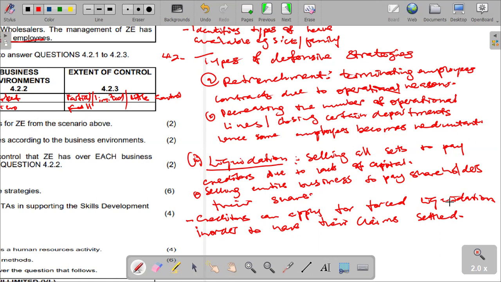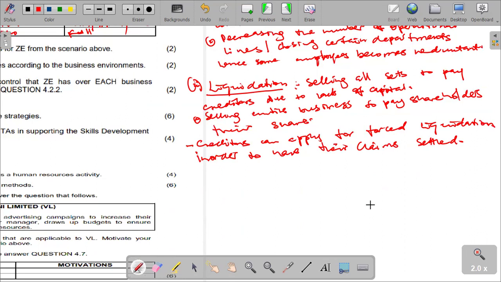Of course, we also have another type of defensive strategy, which is divestment, which can be number 3. But the question wanted 2, but for the interest of clarity and revision, we can have divestment.